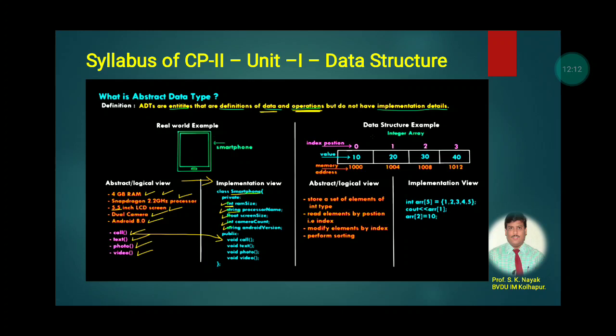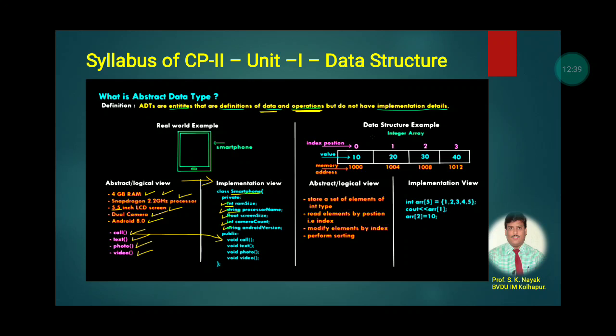So now in this particular example you will find a real-world example. We are taking a smartphone, a mobile phone. In mobile phones you will find configurations which have 4 GB RAM, then processors, 2.5 gigahertz processors, a 5.5 inch LCD. These are all features in a logical manner or logical view, which a normal user can use.